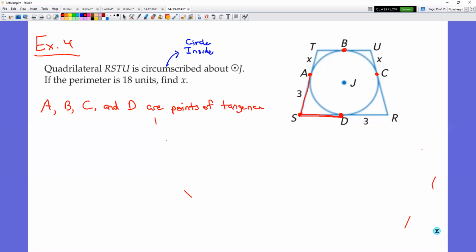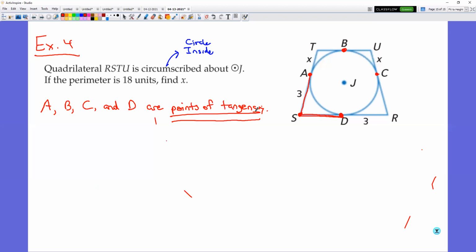A point of tangency is where the tangent segment or line intersects the circle, where it intersects at one point. Just like all the other problems we had where a tangent was hitting the circle, that's the point of tangency.